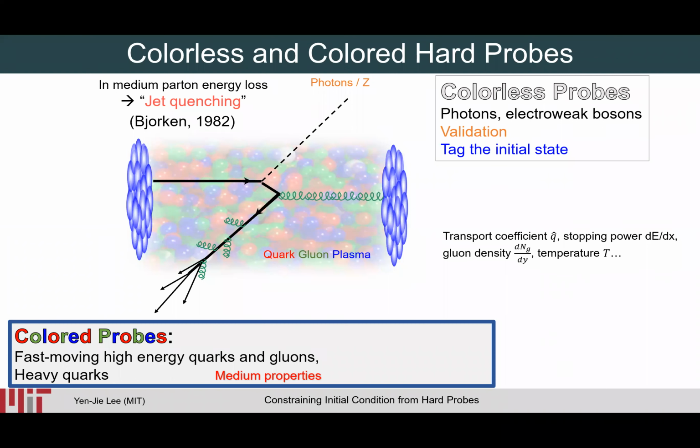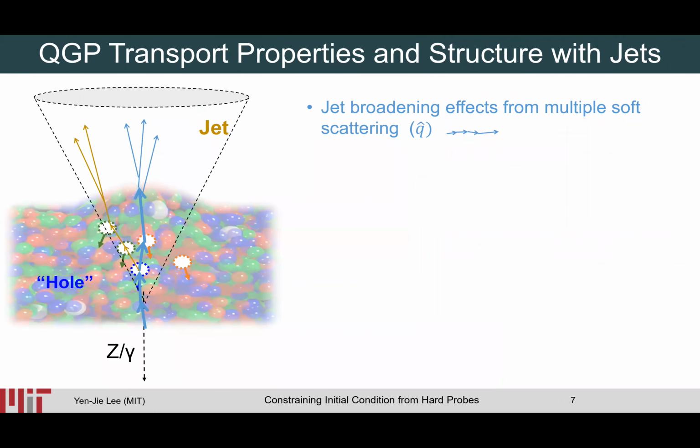That's the colorless probe, and we can move on to colored probes, and those are the quarks and gluons and the heavy quarks. I would like to give you a short introduction of why we are doing this in heavy ion collisions. That is because the QGP transport property, and also hopefully in the future, the structure can be studied with jets in general.